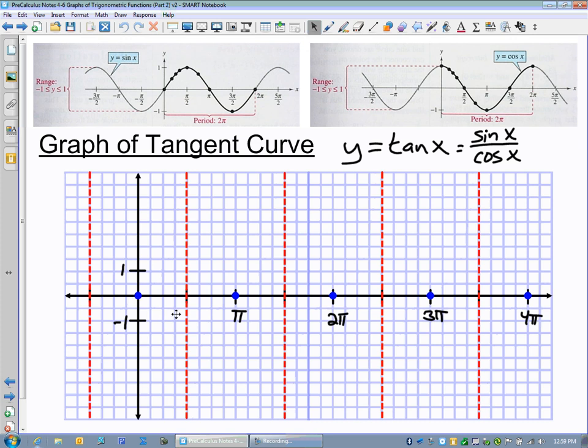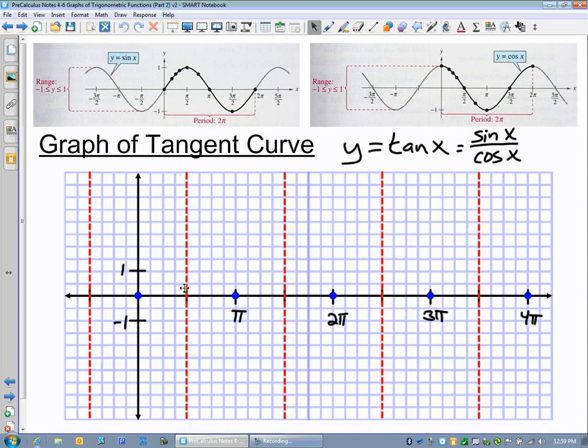All I really need to know is, am I going to be above or below the x-axis? Well, you can figure that out with the positives and negatives that we looked at in the last one. Since you have sine divided by cosine, we know in quadrant 1, sine and cosine are both positive, so it's definitely going to be positive.